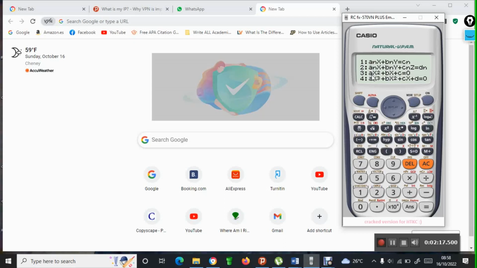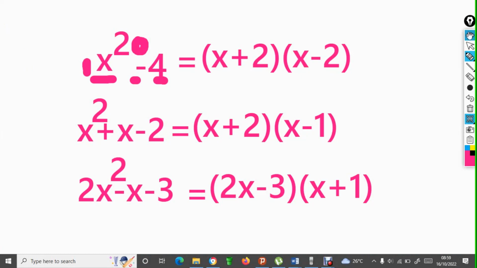In the question, a will be 1, b will be 0, and c will be 4. Let me confirm that, sorry, our last term is minus 4, not 4. So 1, 0, minus 4.